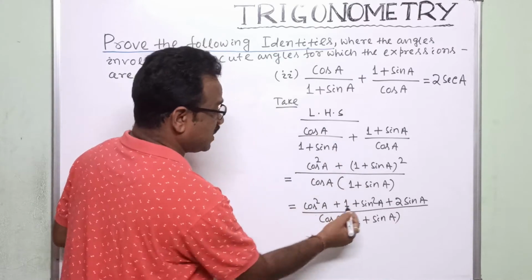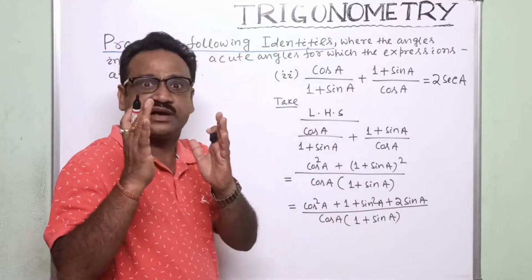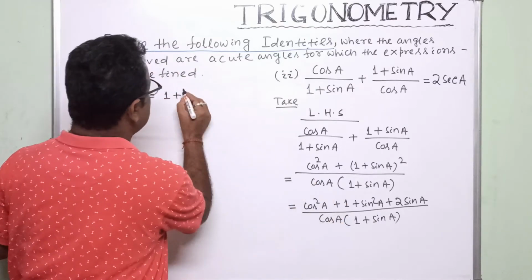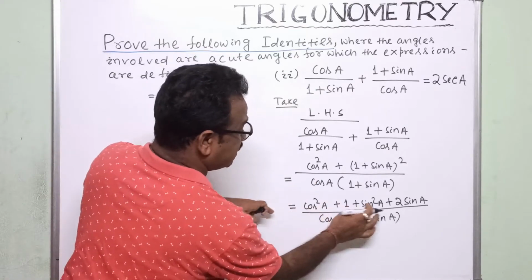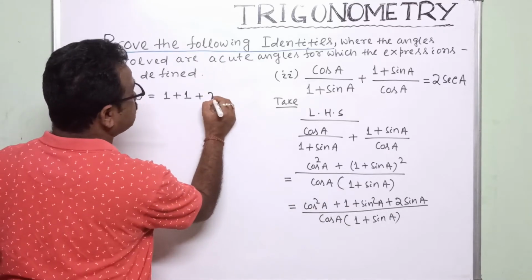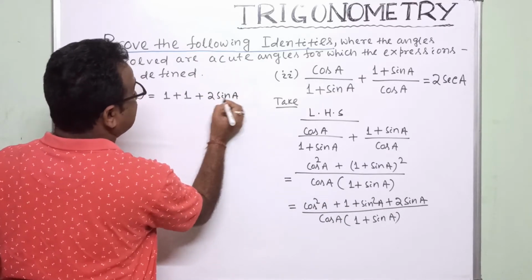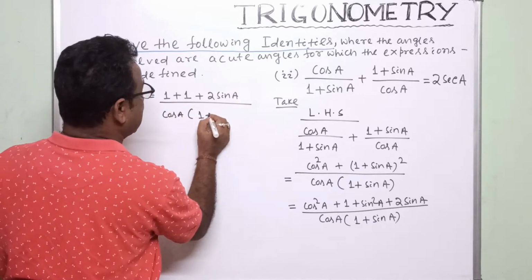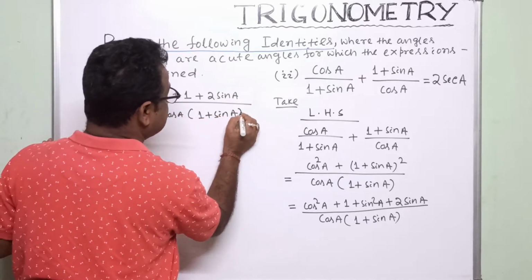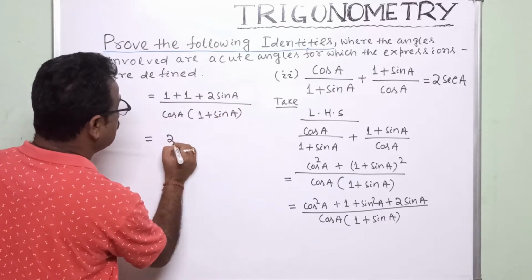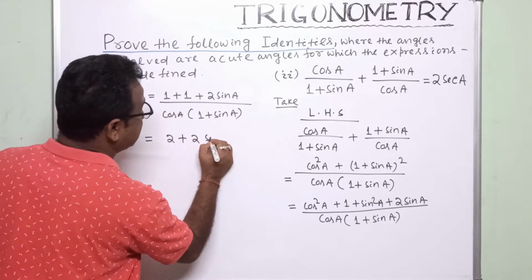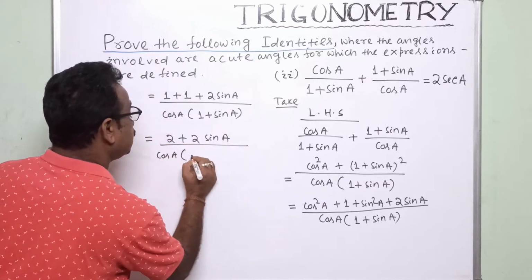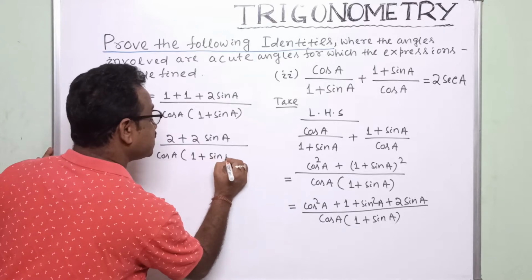So now see, sin square A plus cos square A is 1. So that is 1 plus 1, plus 2 sin A, by cos A into (1 plus sin A). So that is equal to (2 plus 2 sin A) by cos A into (1 plus sin A).